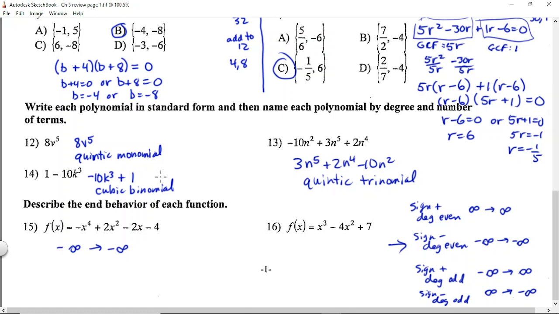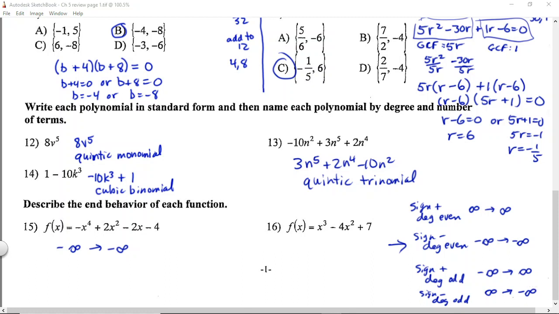Okay. So end behavior, we've already done 15. We will now do 16. So I have this little chart over here, telling the end behavior for each of the 4 possibilities, and sign in each of these cases, sign means the sign of that first term when you put it in standard form.